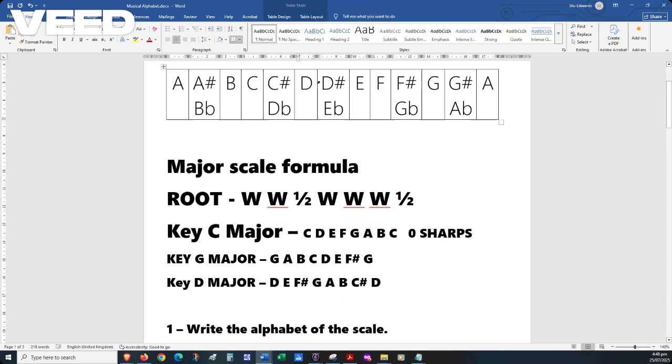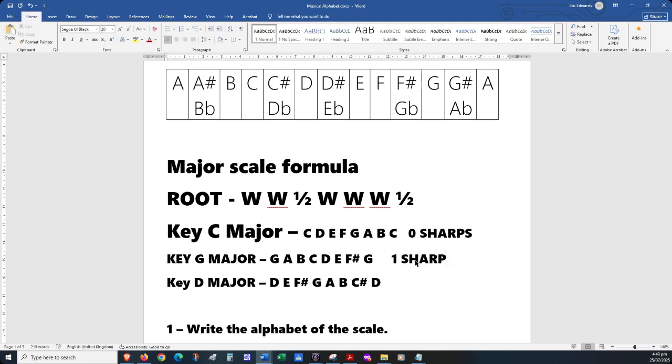So D, whole, half, whole, half. So we've landed with 2 sharps in that key.